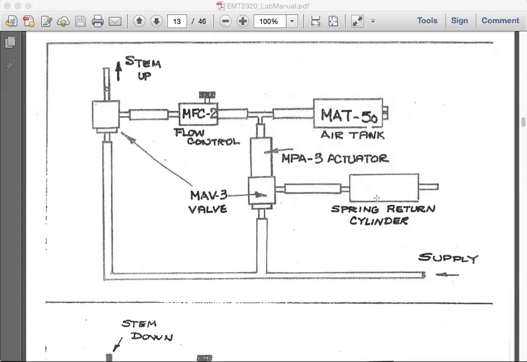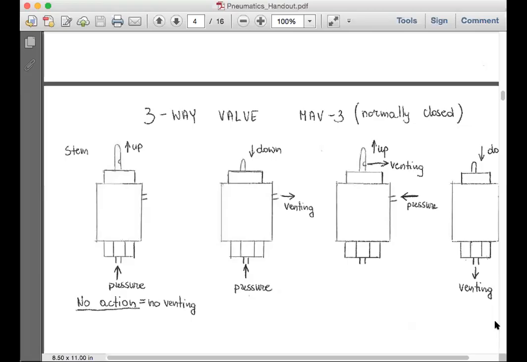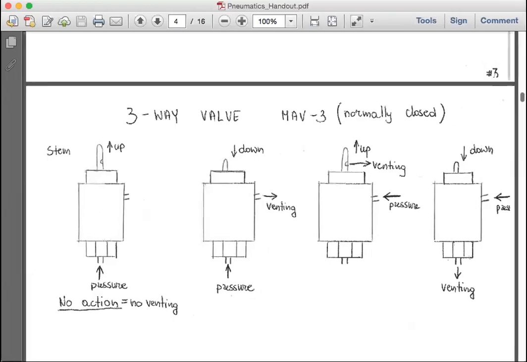So I will show you the 3-way valve, MAV3, which is normally closed. Here you go.